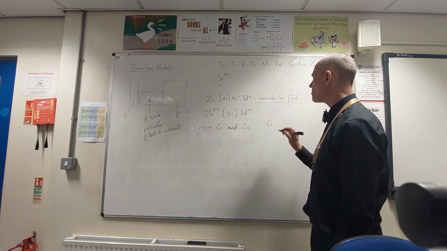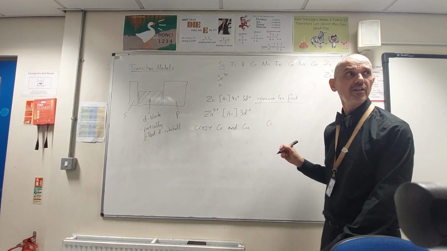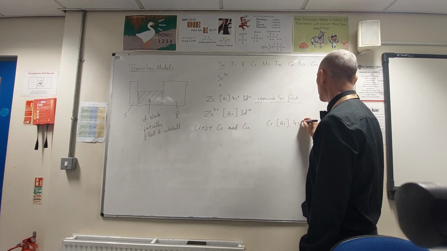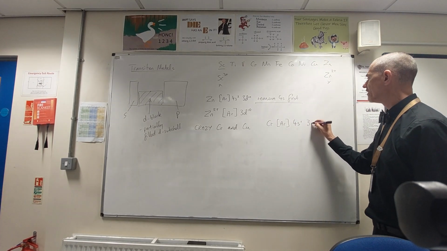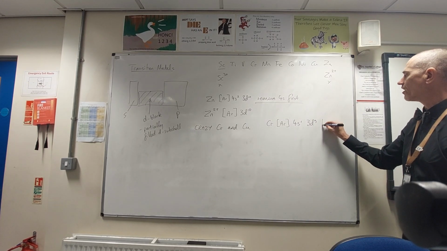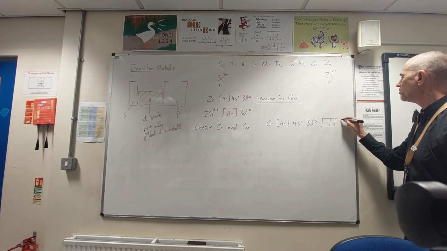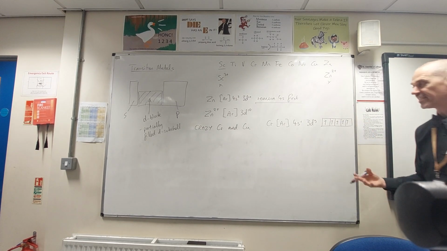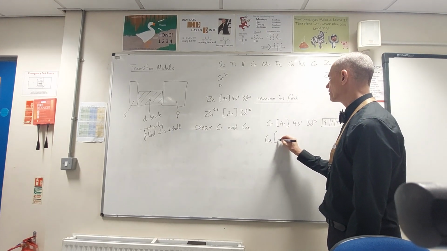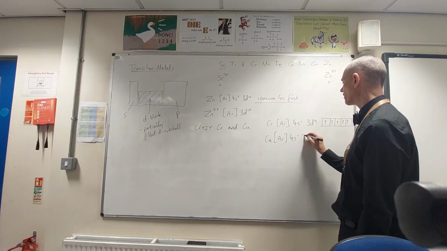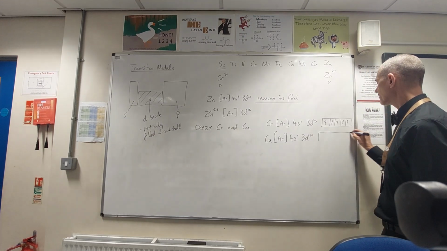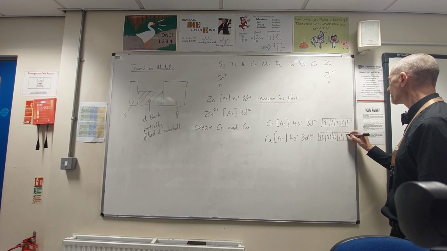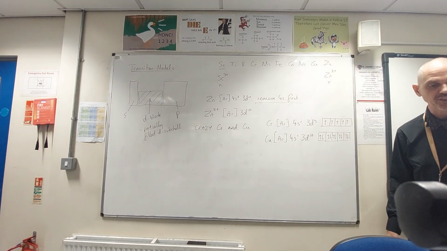So chromium you'd expect to be 3d4, but it takes one electron from the 4s to make 3d5, and the reason for that is when you put one electron in each orbital, that increases the stability of the subshell, and so on for copper 4s1 3d10. So you've got, again, 2 electrons in each orbital increases the stability of the subshell.